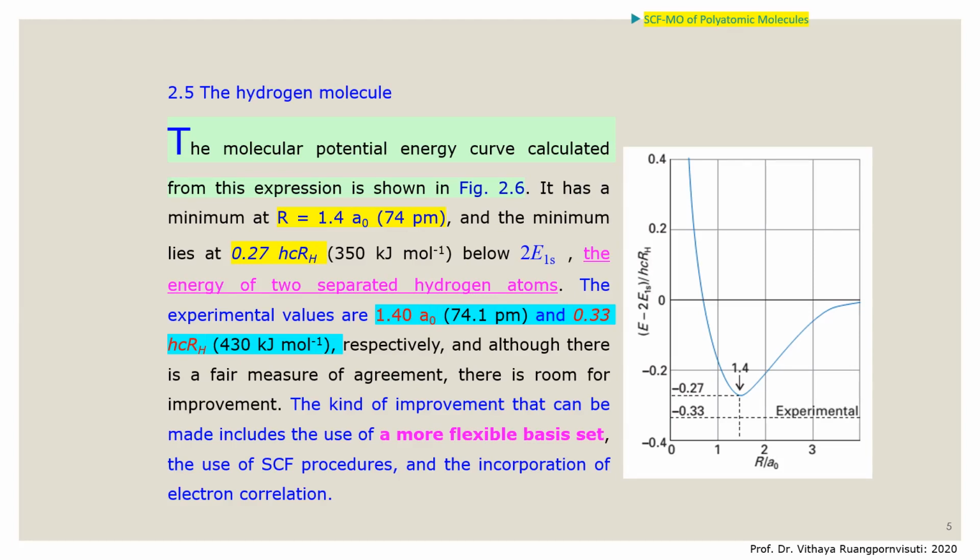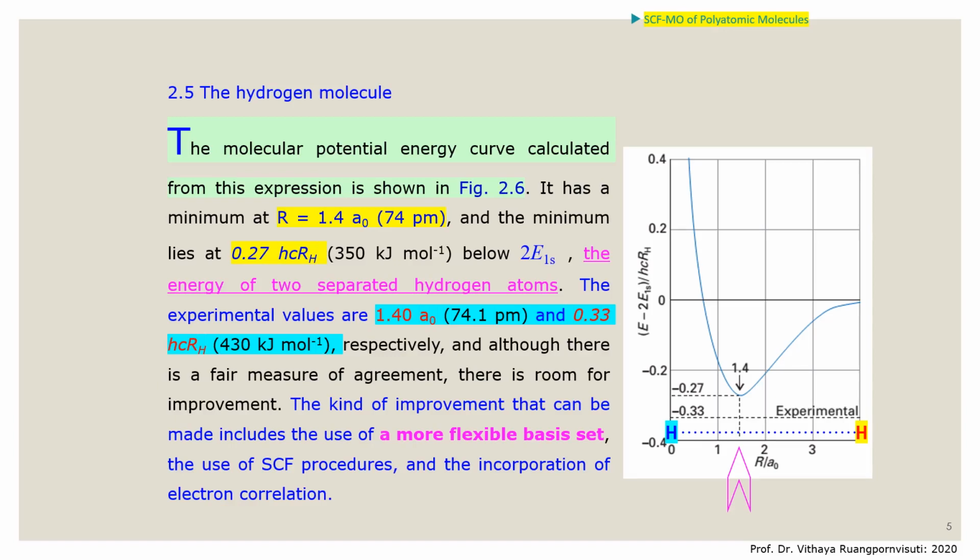The molecular potential energy curve can be obtained as shown in figure 2.6. It has a minimum at R, the bond length, equal to 1.4 bohr radius or 74 picometer, and the minimum lies at an energy of 0.77 Rydberg or 350 kilojoule per mole.